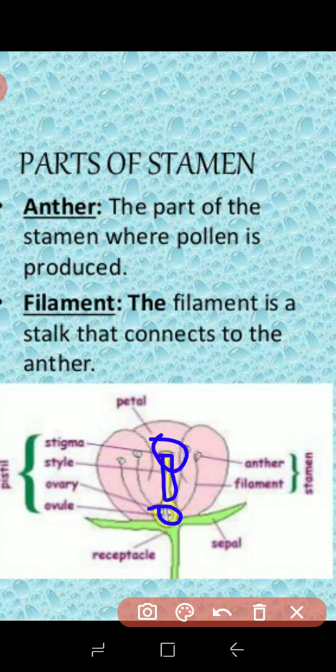Then inside you can see the ovary, and the outer portion is known as the ovule.